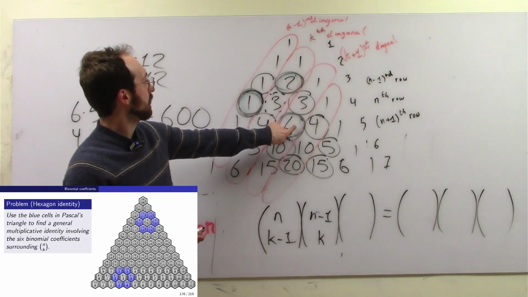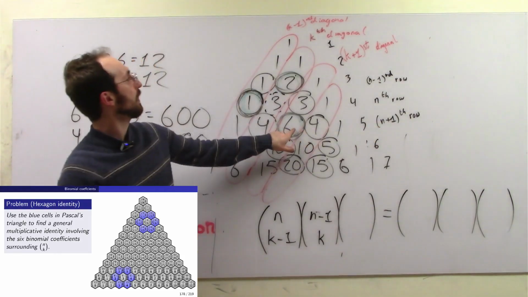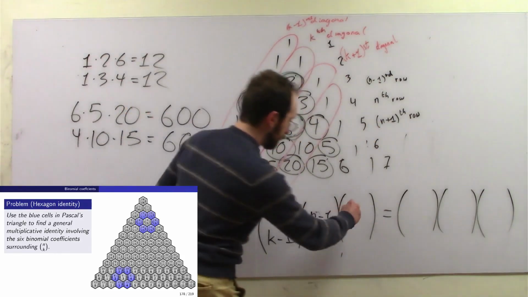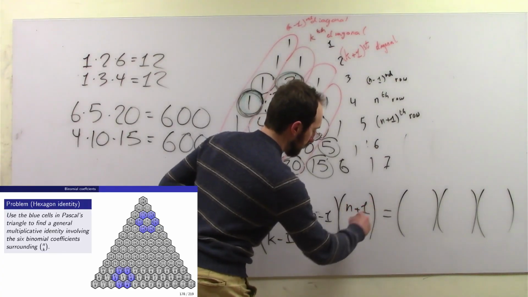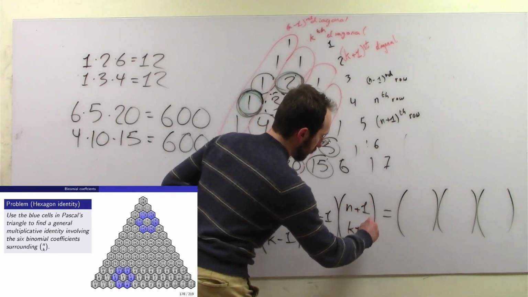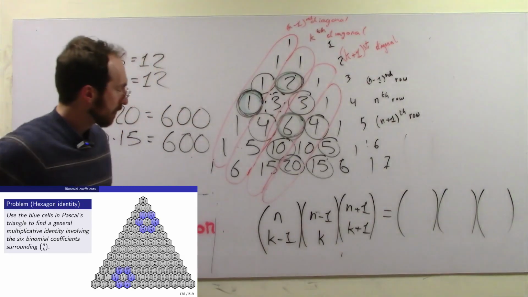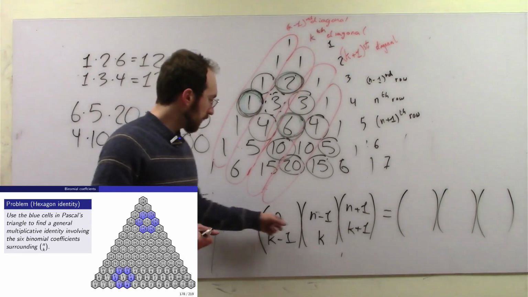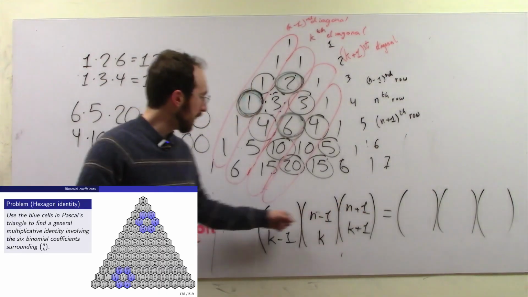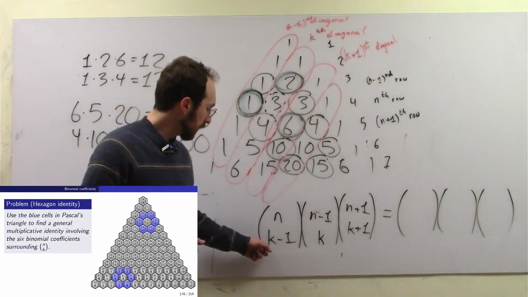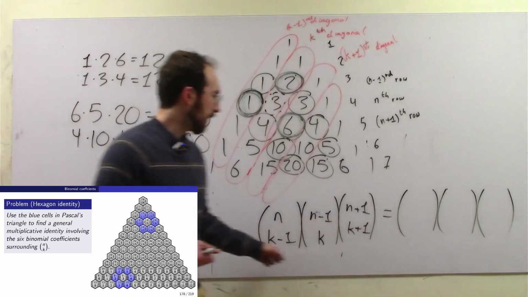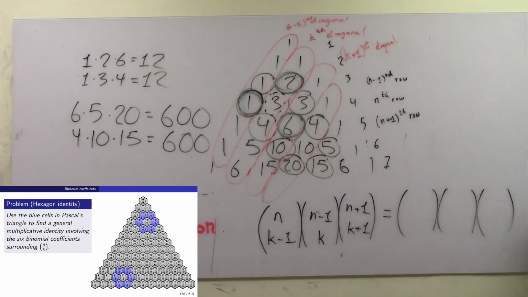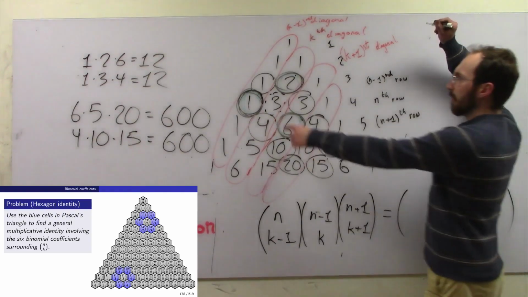But this one is going to be n plus 1 choose k plus 1. Okay, that's our first product. We have like 3n things, and we're choosing 3k in some particular way. Now, what's the other one?